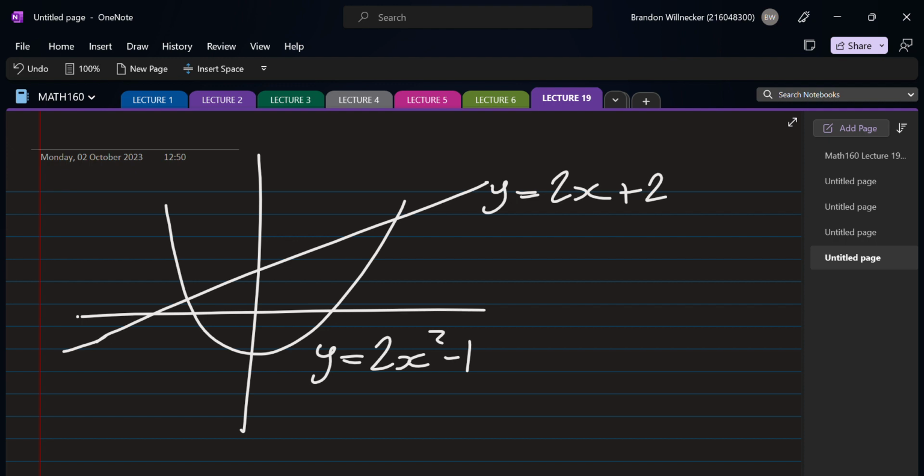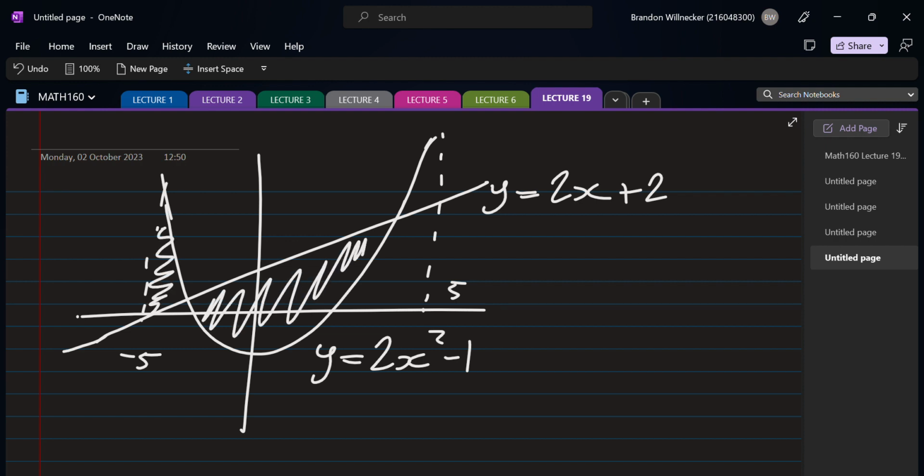Now we want to find the enclosed area from here at minus 5 to here at 5. So that is our region. We can just sketch that in. It's going to be this part, this part here, and this part over there.